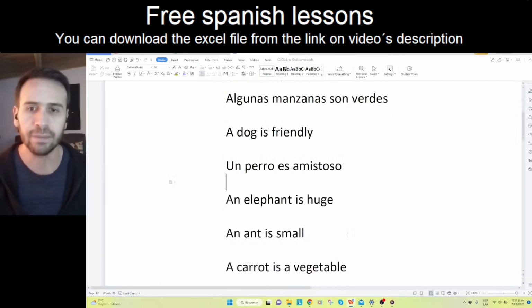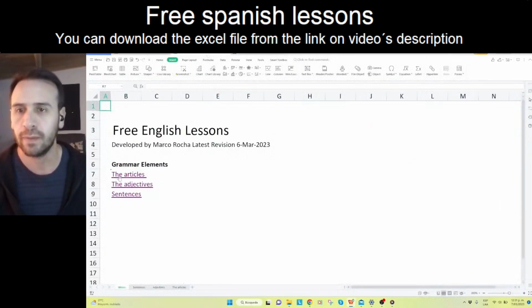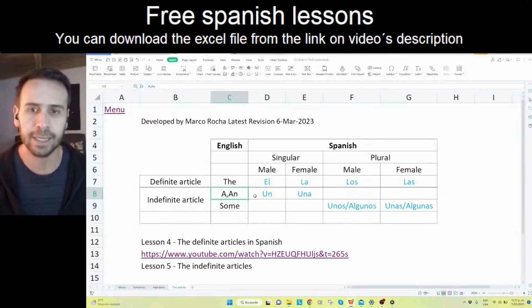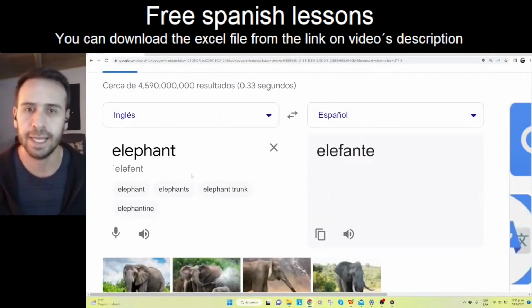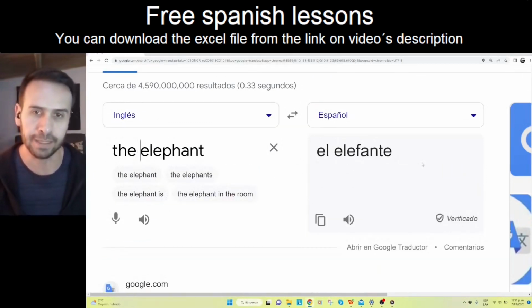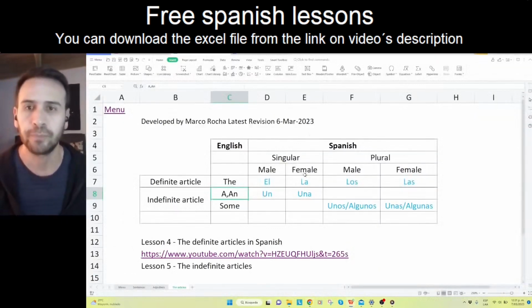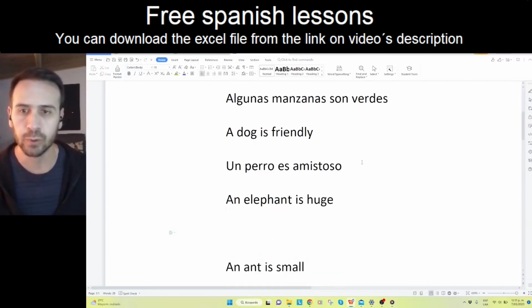Now we have an elephant is huge. So let's go back again to the articles a, an, un, una. We need to find out the gender of elephant. Let's put the elephant, the article. El elefante is male. So we come here and put un elefante.